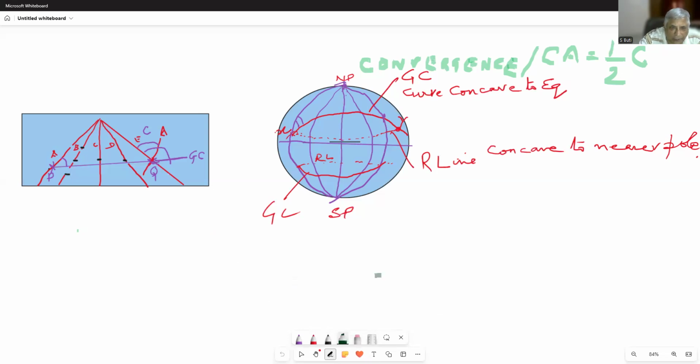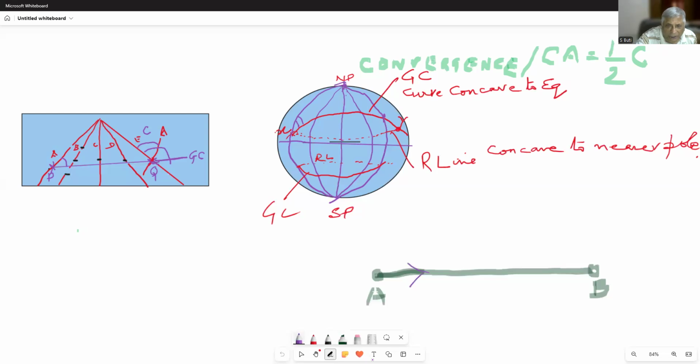Let's take place A and B, or call this A, this B. If you are flying from A to B and on the same parallel of latitude, this will be your track 090, or B to A 270, and remain on the same parallel of latitude.